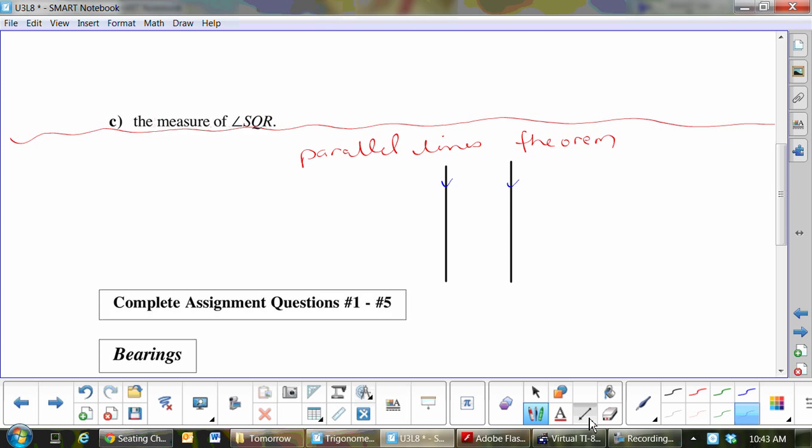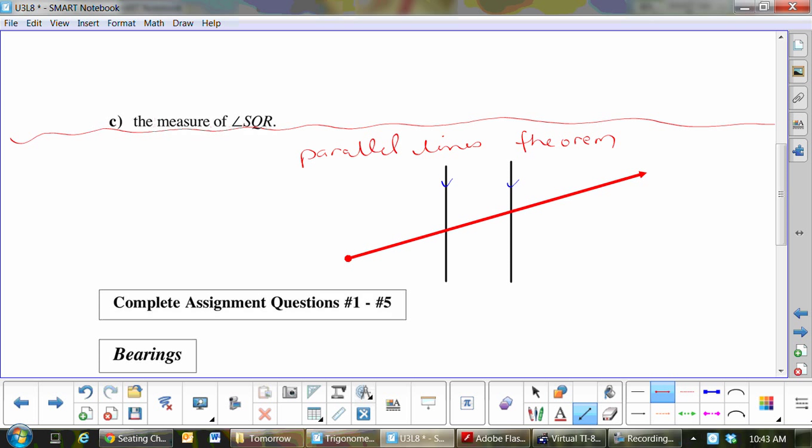Now, the parallel lines theorem is not just that we've got two parallel lines. We have this thing, if it cuts them, it's called a transversal, okay? And hopefully you've done this in junior high, so this should be review. Whenever you cut two parallel lines with a transversal, these things happen.